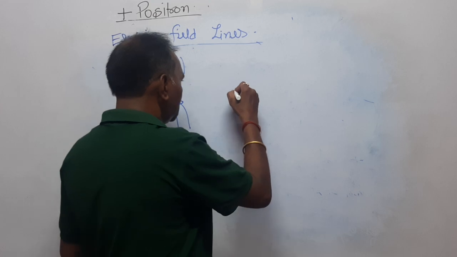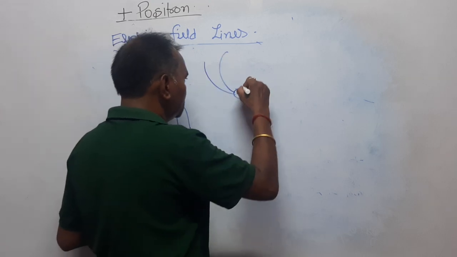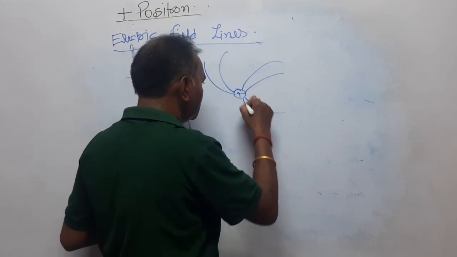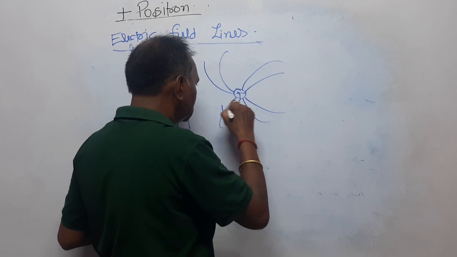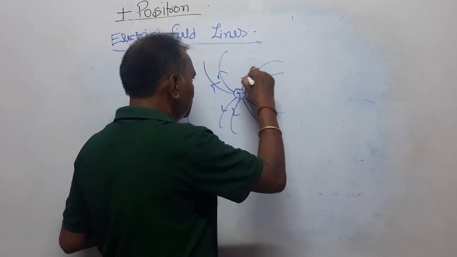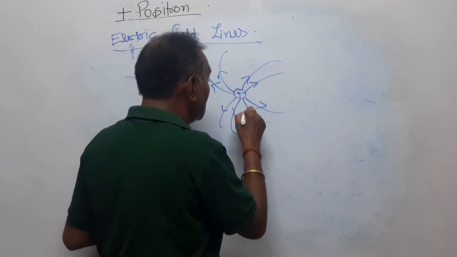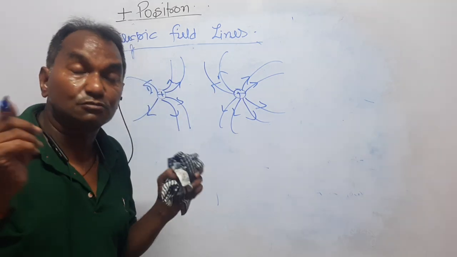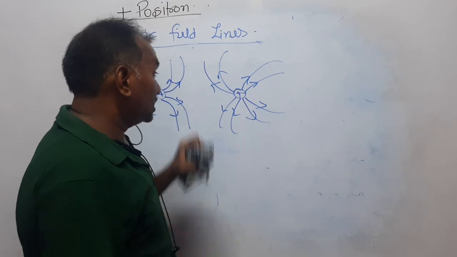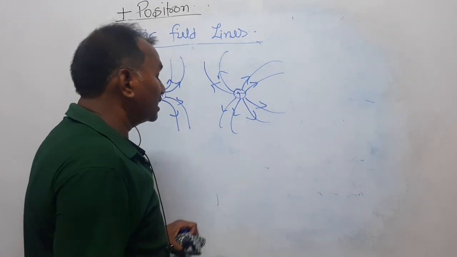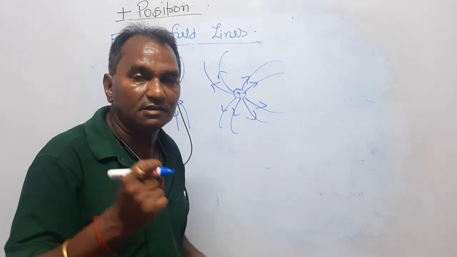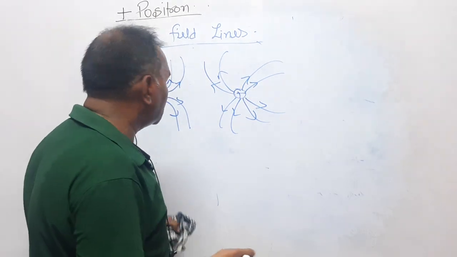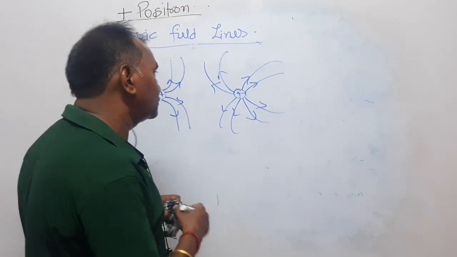And again, from here also, it will follow the same pattern. The field lines move away from the charge, will not be a straight line, will be a smooth curve, because they are a pair of charges, right? At every point you have to consider the net electric field, that is, the vector sum of two fields.